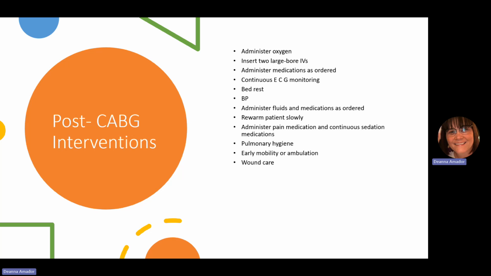Usually the max amount of time they keep a dressing on would be 72 hours. And like I said, you are changing it every 24 hours though. There are some provider specifics, and the important thing is to make sure that we keep that wound nice and clean and prevent infection.